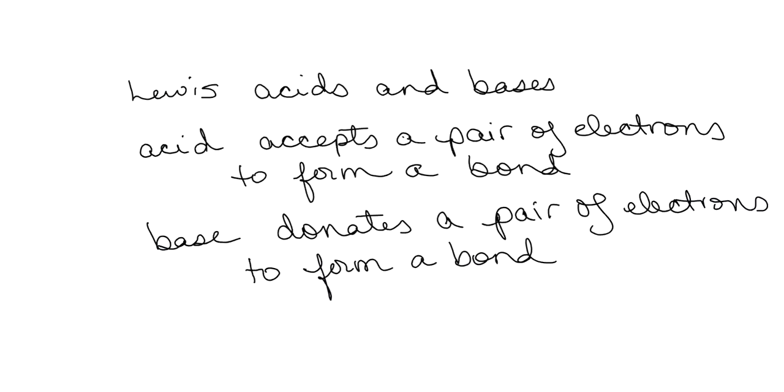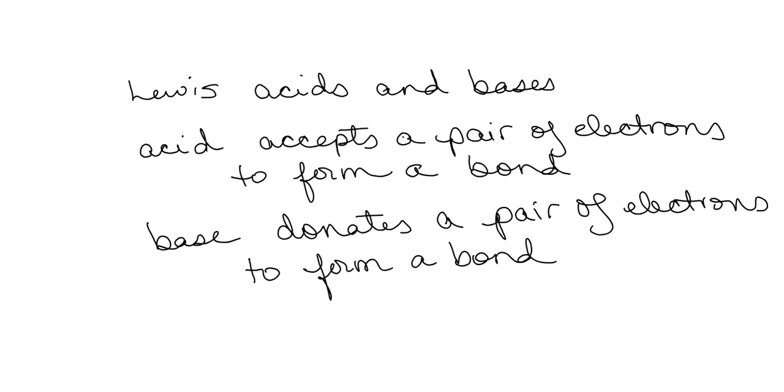We are now focusing on the electron movement. So an acid accepts a pair of electrons and the base donates a pair of electrons to form a bond. Usually they're in the form of a lone pair, but sometimes they're in the form of a pi bond.